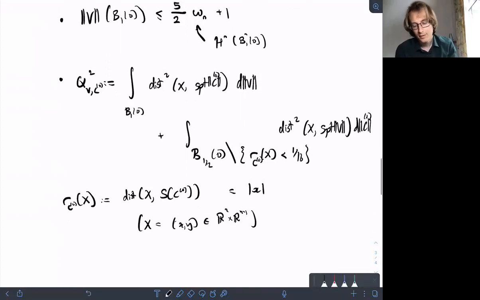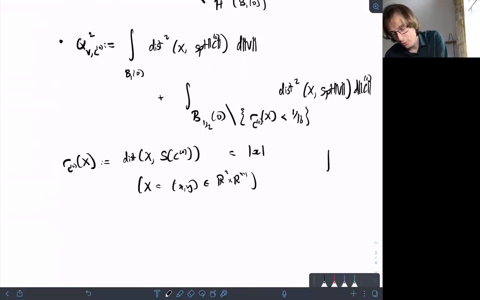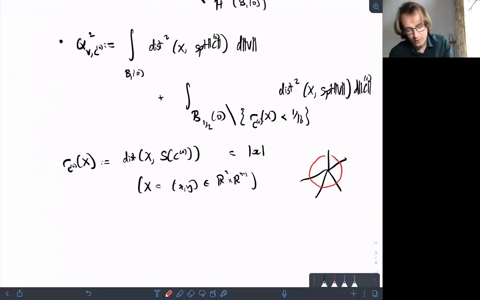So intuitively, on one of our cone pictures, we're taking a ball of radius a half, and we're making sure we stay away from the spine. So we're just looking in sort of an annulus region.